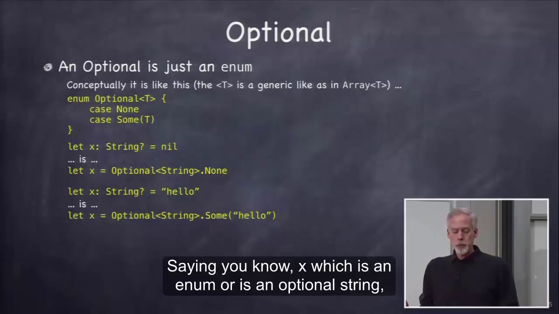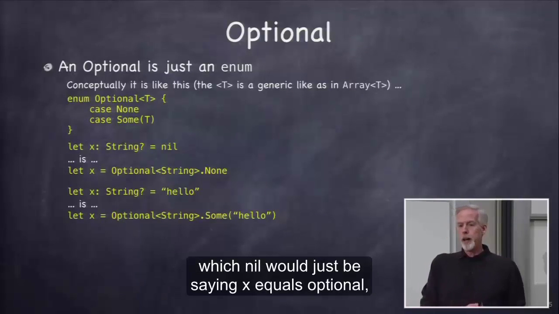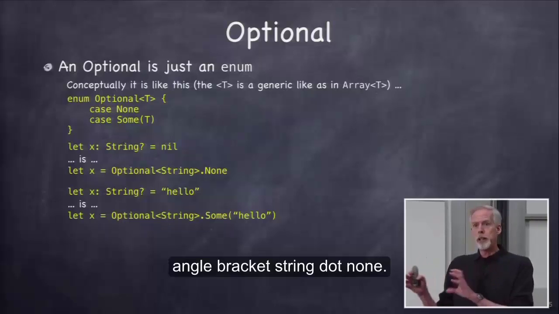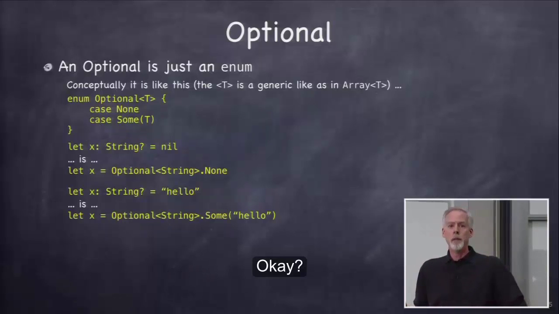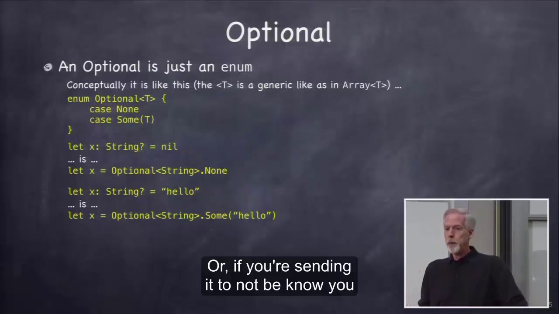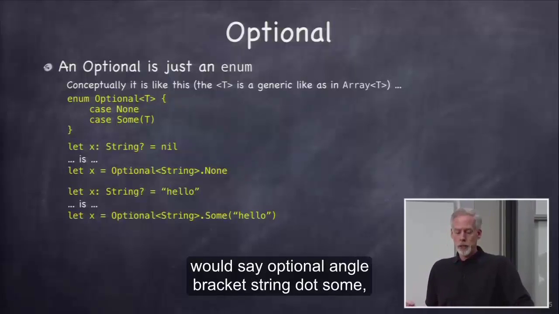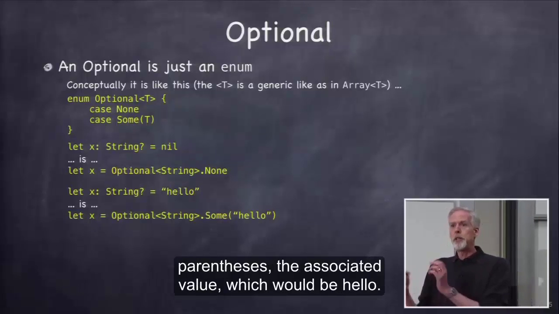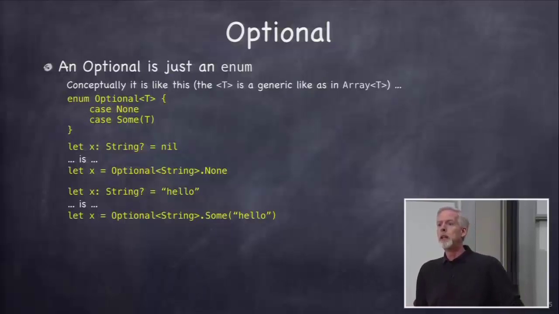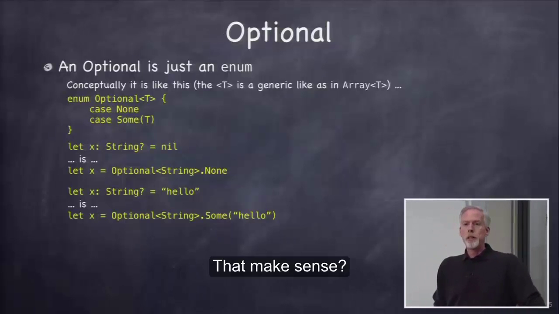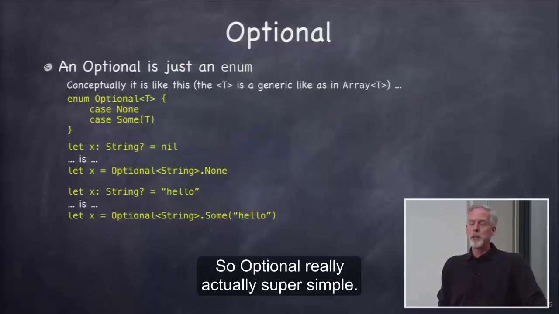Saying x, which is an optional string, equals nil, would just be saying x equals Optional<String>.none. Or if you're setting it to not be none, you would say Optional<String>.some(hello), with the associated value being hello. Does that make sense? So optional is really actually super simple.